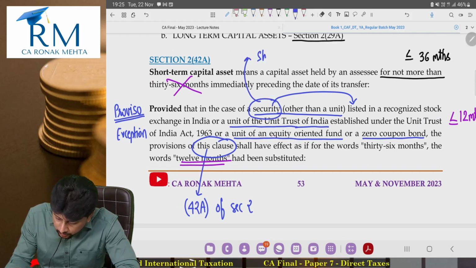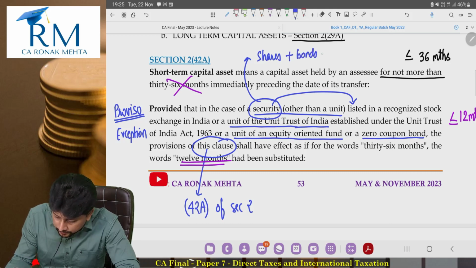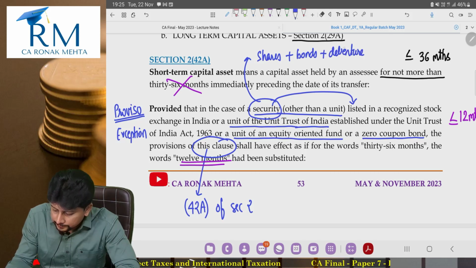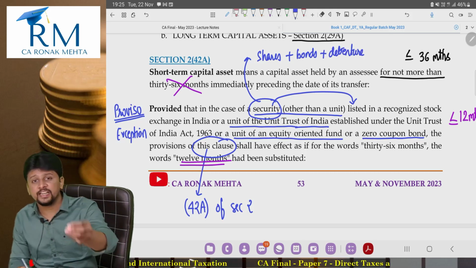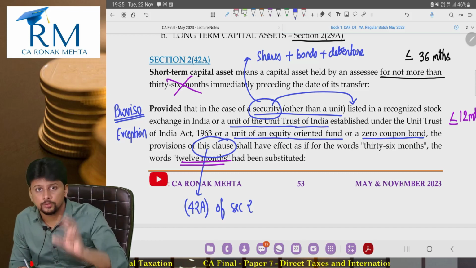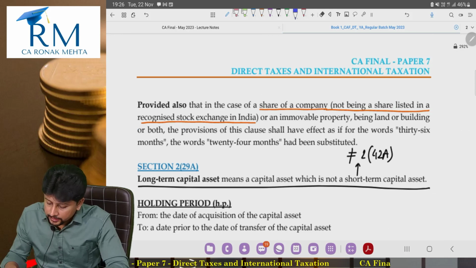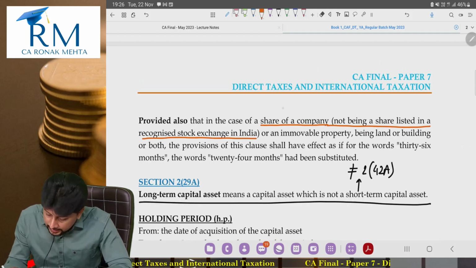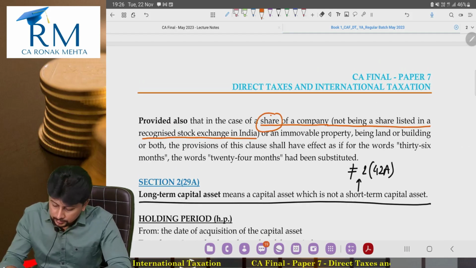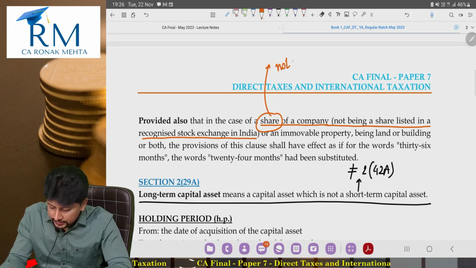Security will include shares also, will include bonds also, will include debentures also. Security is a very wide term, but listed securities are covered in the first proviso, that means in the 12 months criteria. So now in my second proviso, please take care, I am only talking about shares. I am only talking about shares, I am not talking about all securities.